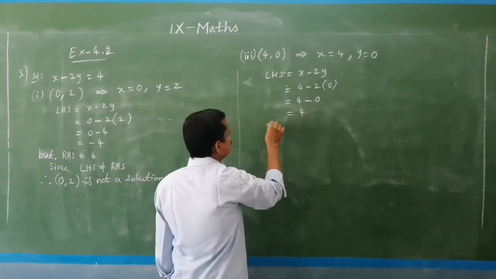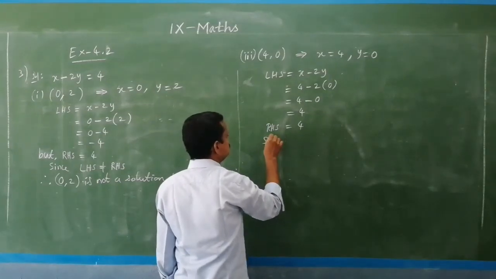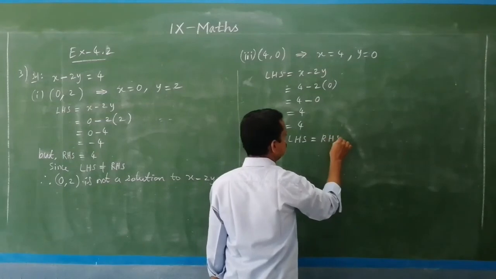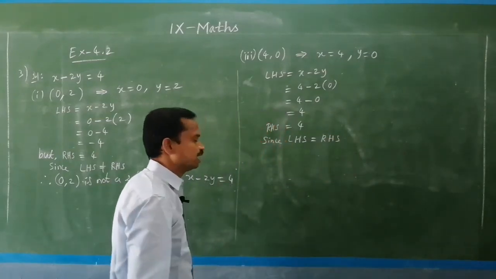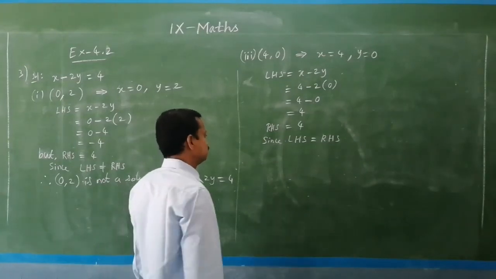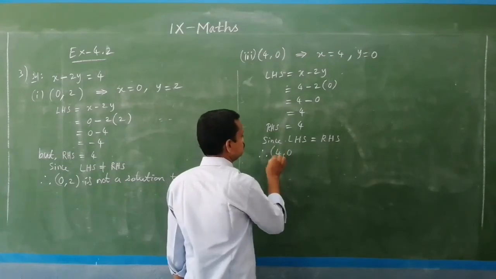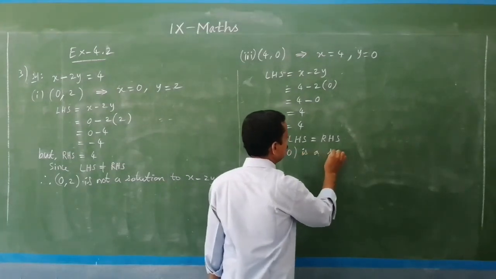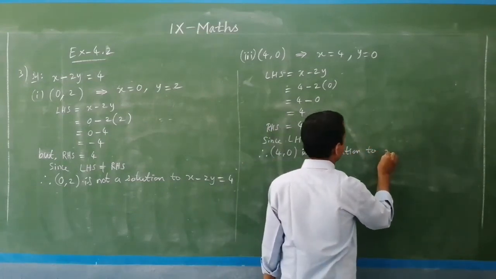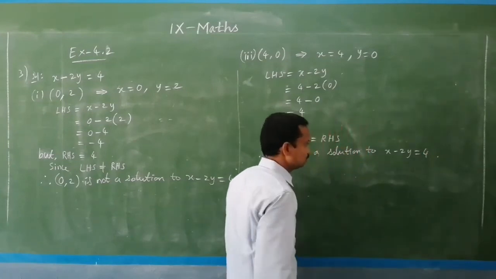So, RHS is also 4. Since LHS is equal to RHS, both are equal. So, the point 4, 0 satisfies the equation. Hence, you can say 4, 0 is a solution to x minus 2y equal to 4. Clear?